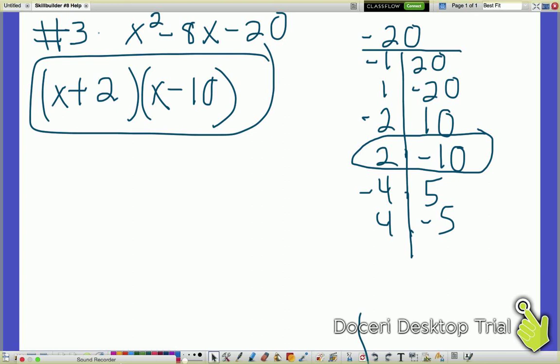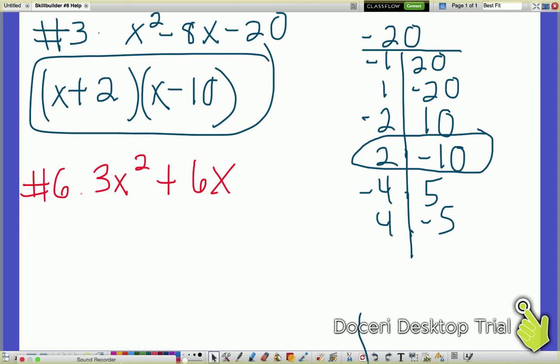All right, so I want to look at number 6. Okay, it says factor the expression 3x squared plus 6x. Okay, what that means is, what can I take out of 3x squared and 6x?